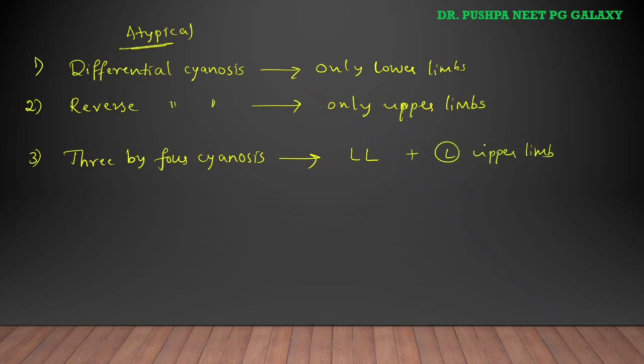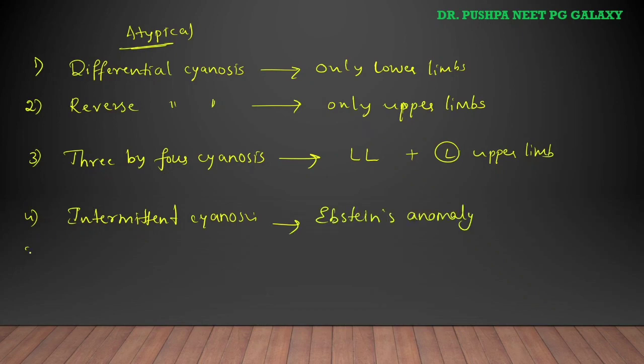This is 3/4 cyanosis. Fourth one is intermittent cyanosis. This is seen in Ebstein's anomaly. Fifth one is cyclical cyanosis.